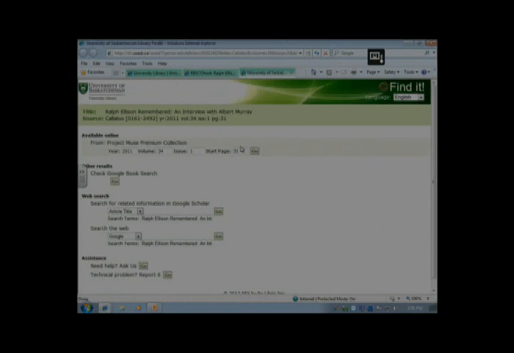So again, an example where our databases aren't communicating perfectly. Otherwise, it would tell you that our collection had it up here and it would give you a call number. So as long as you have a call number and the volume and issue, throwing winter in there doesn't hurt because sometimes that's what you see on the spine of a journal on the shelf, and you've got your page numbers, then you can grab it off the shelf and do whatever photocopying you might need.